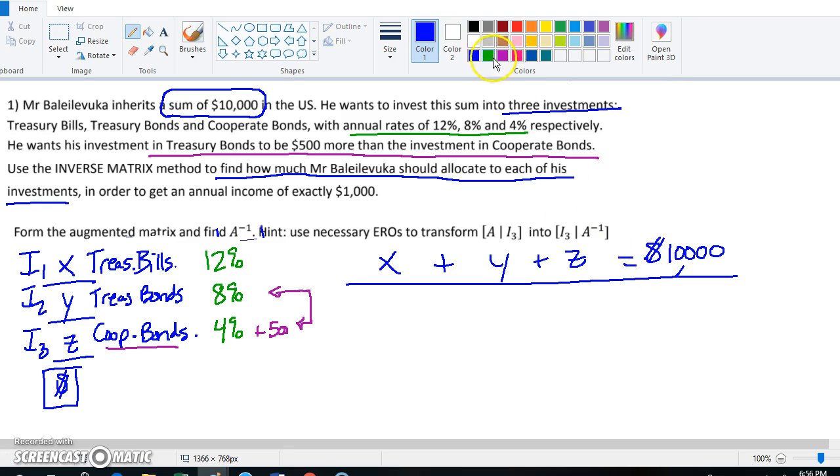Okay, next, the annual rates, 12%, 8%, 4%. So what do we know about that?